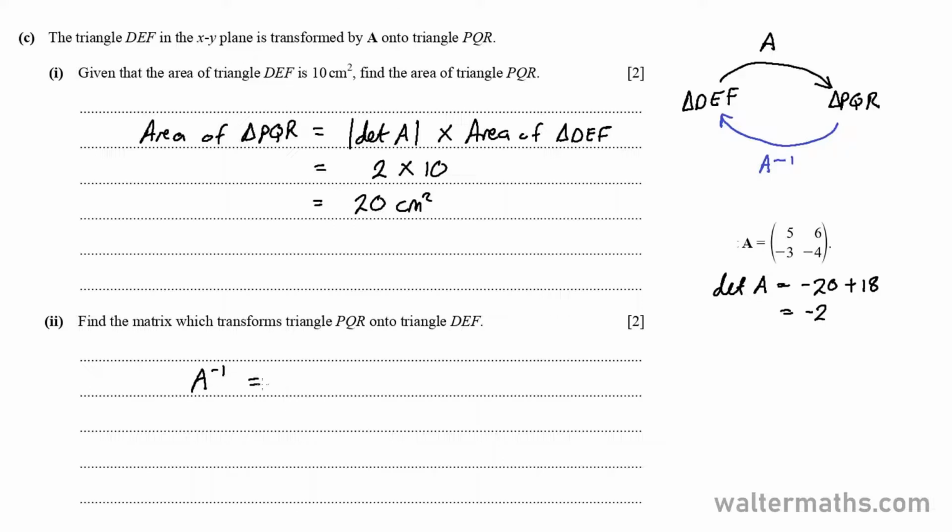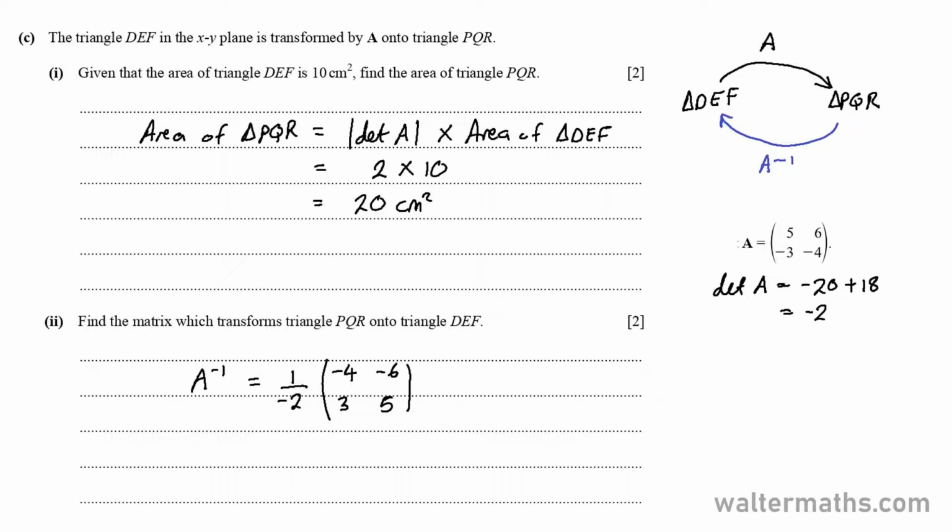So A inverse is equal to 1 over the determinant, which is minus 2, of, and here we are going to switch positions for 5 and minus 4. So we are going to have minus 4 here and 5 here, and change signs, multiplying 6 and minus 3 each by minus 1. So we'll be having minus 6 here and 3 here.